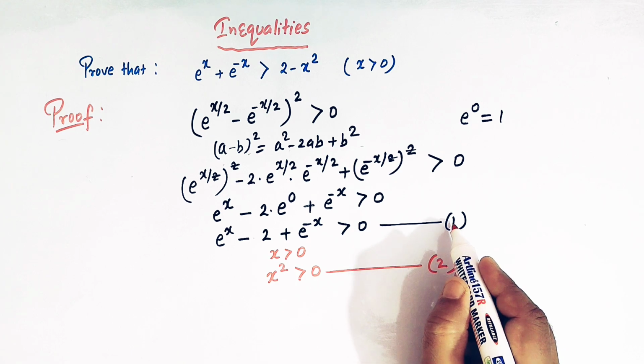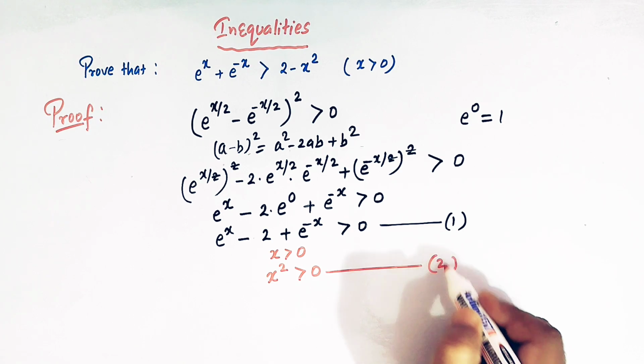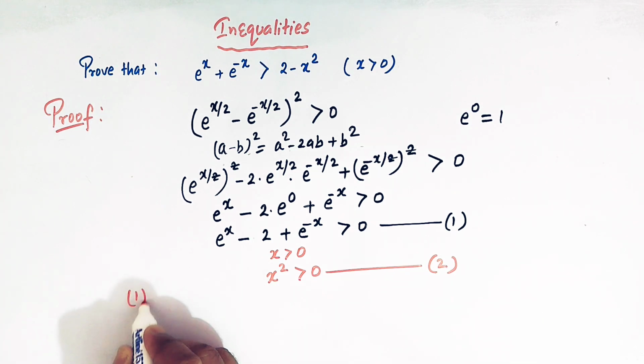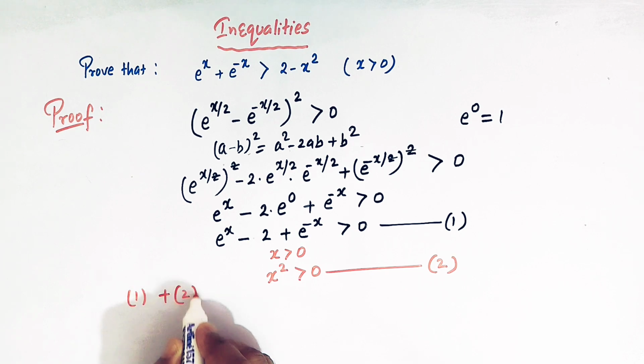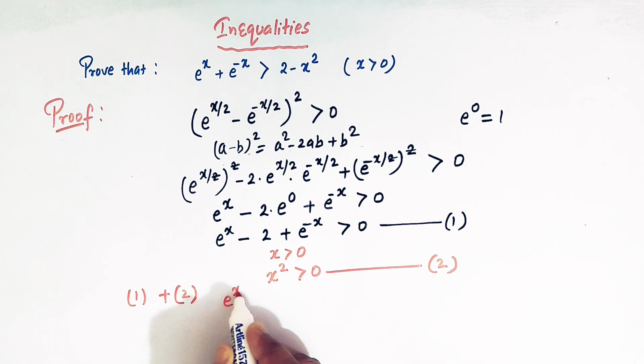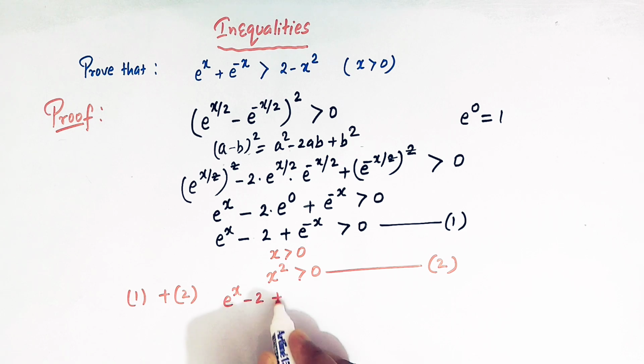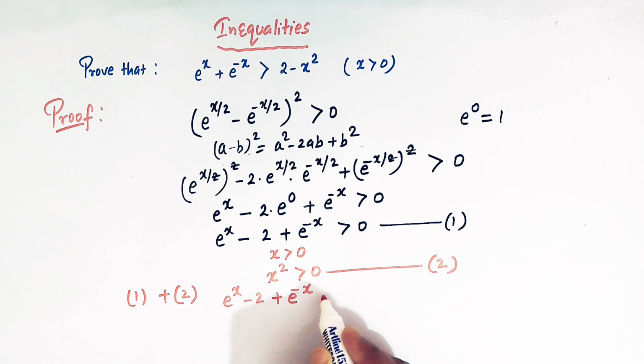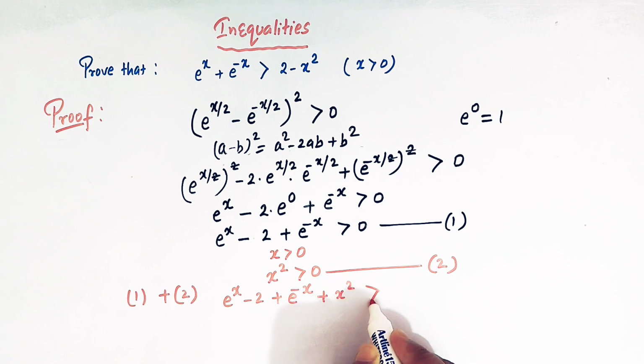Now we can add these two inequalities. So when we add 1 and 2, we'll get e^x - 2 + e^(-x) + x², and that is greater than 0.